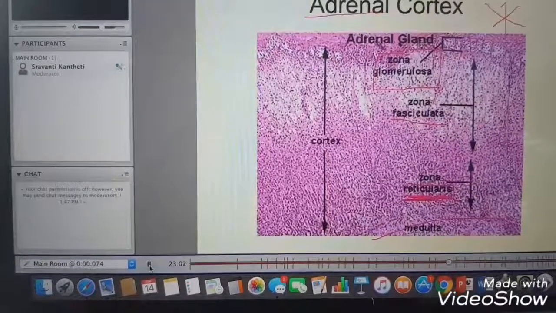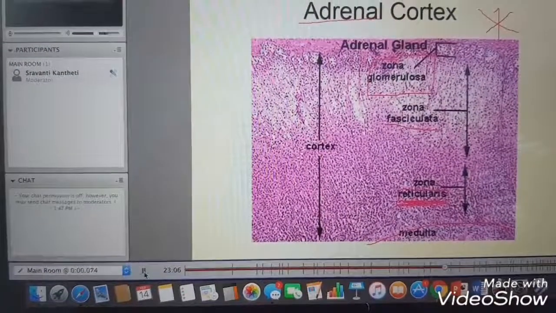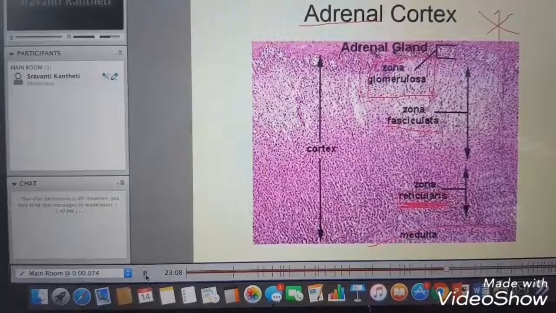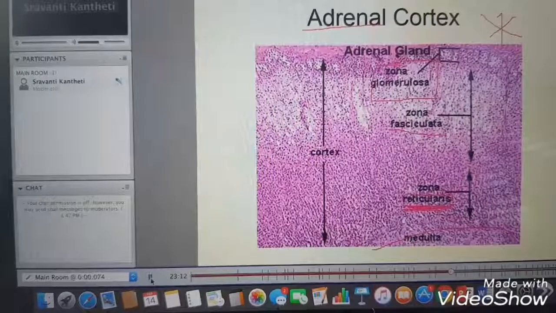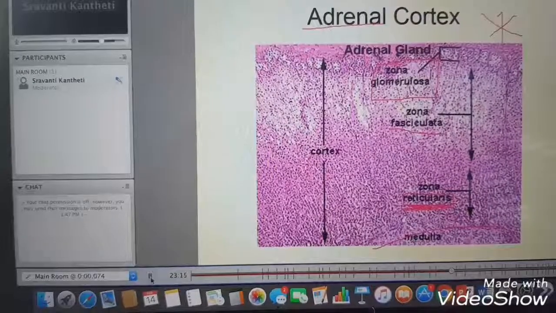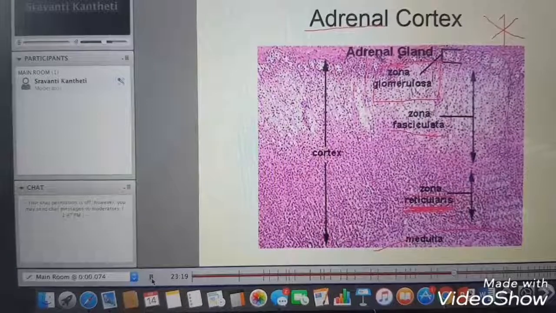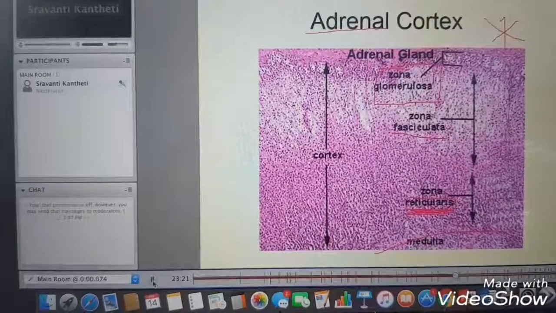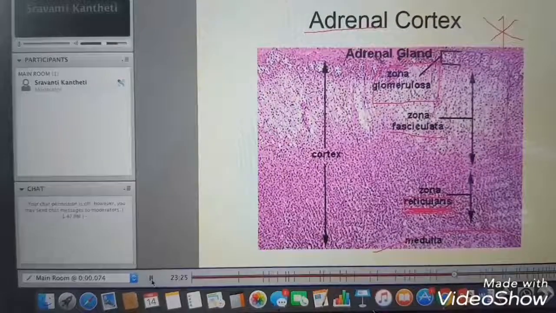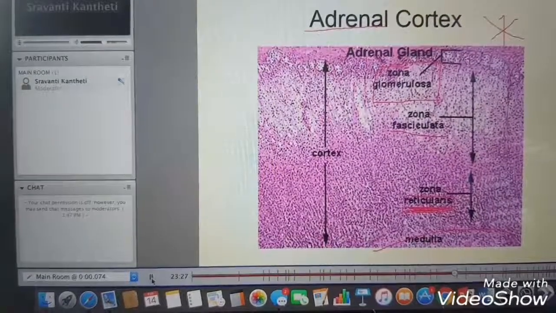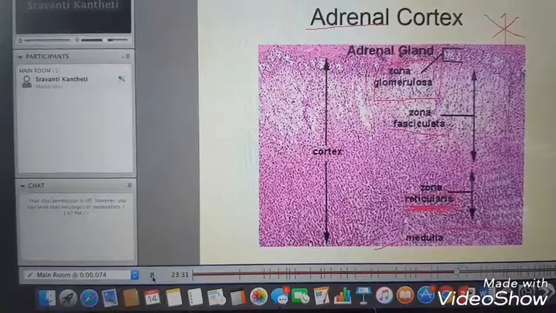Those cells are densely packed together. So as we're heading towards the medulla, we said the medulla has cells tightly packed together, and so the reticularis is going to have that presentation. As we move further to the cortex, we're going to allow for more connective tissue and stuff to fill in the gaps between our cells.